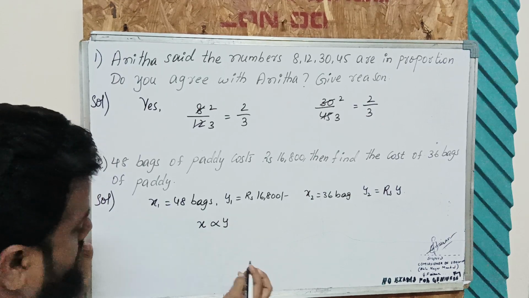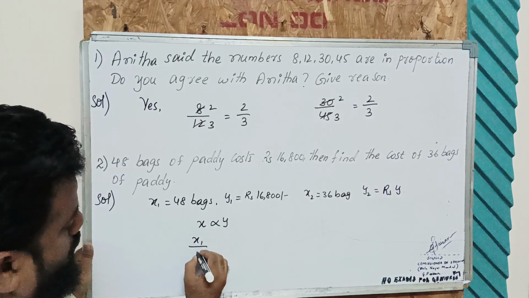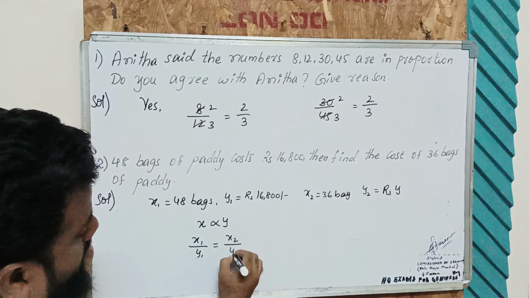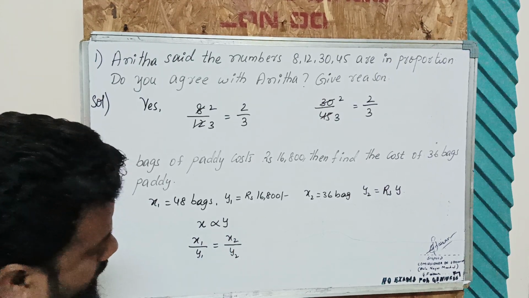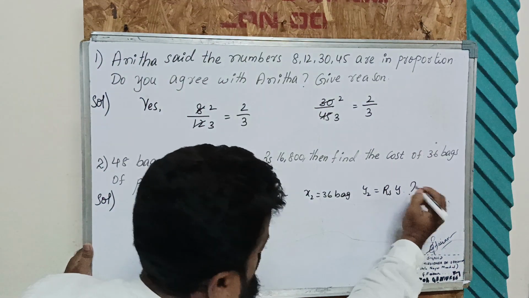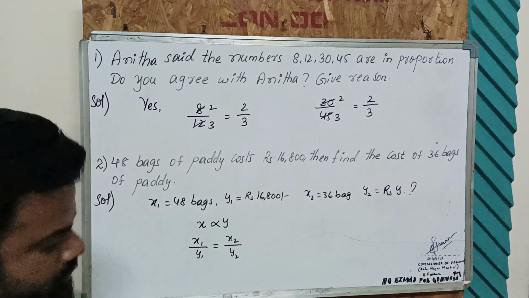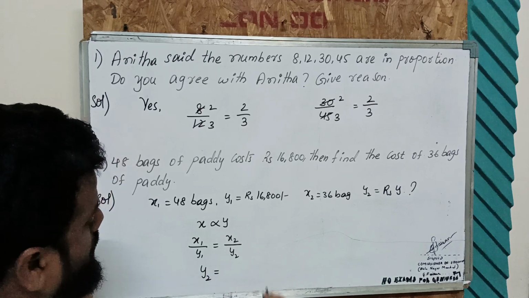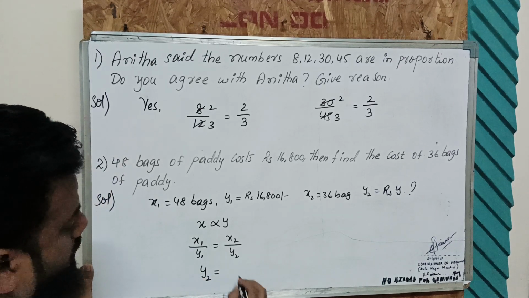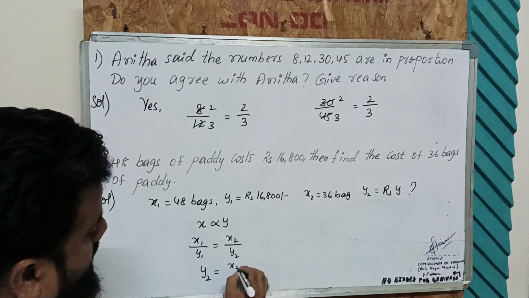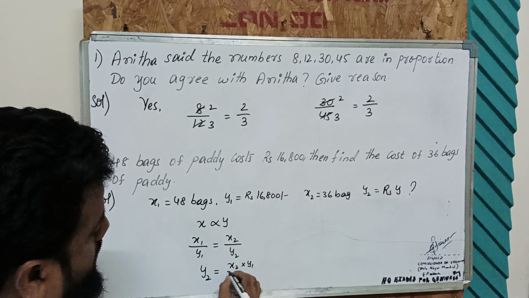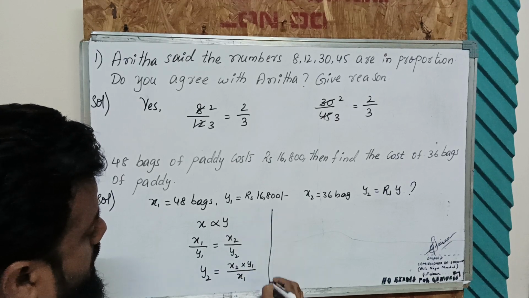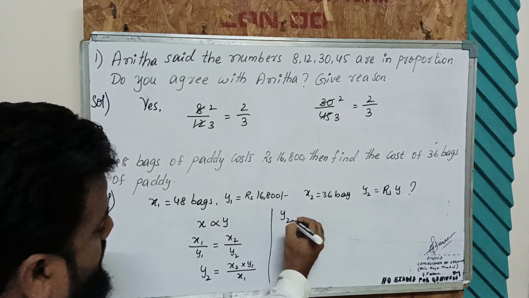That means x1 by y1 is equal to x2 by y2. What do we have to find? y2 we have to find. So from this one, y2 will be equal to x2 into y1 by x1.